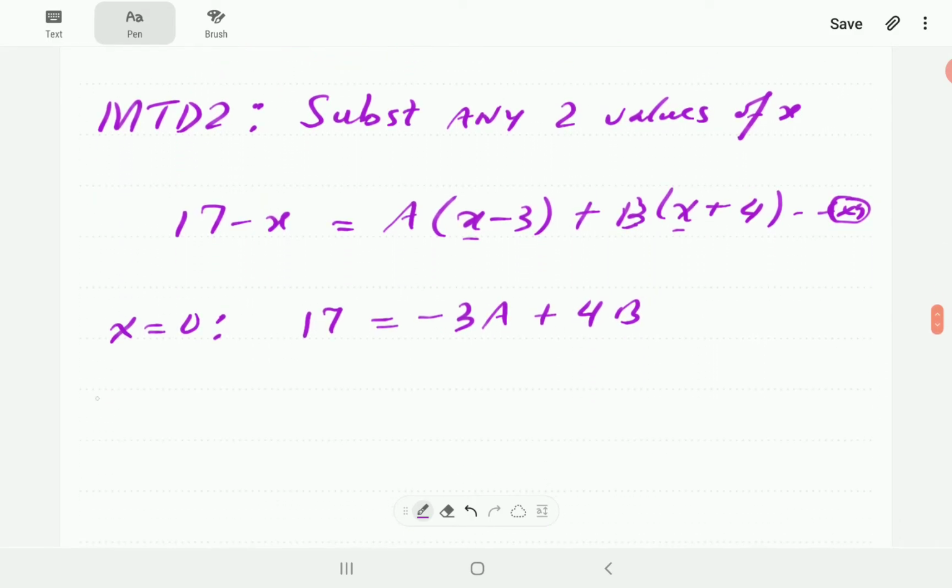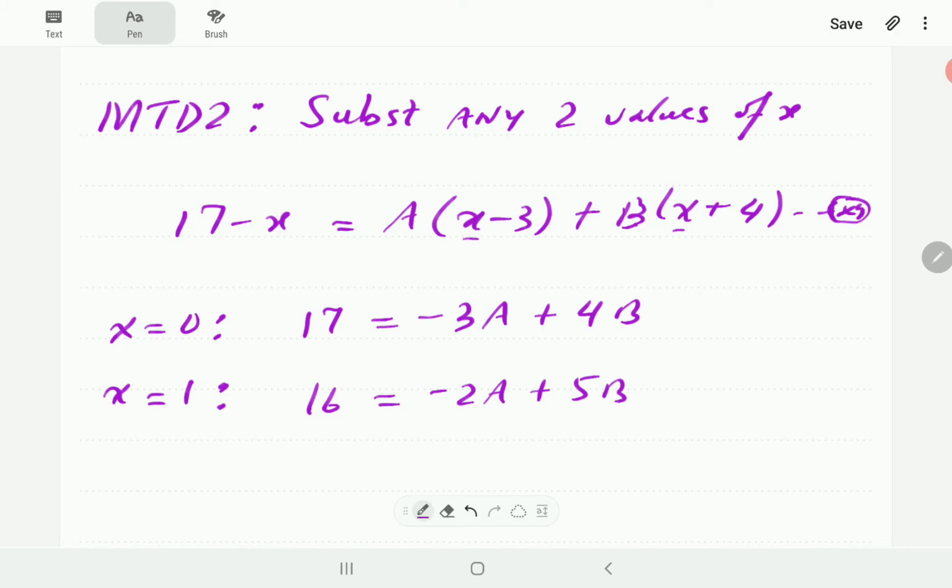Then secondly, we can try any other value of x. We can make this as complicated or as easy as we want. Let's try x equals to 1. When x equals to 1, there's going to be 17 minus 1, so it's going to be 16. This is going to be 1 minus 3, so it's going to be minus 2a. This is going to be 1 plus 4, it's going to be 5b.